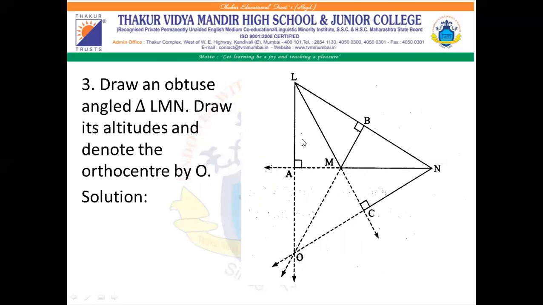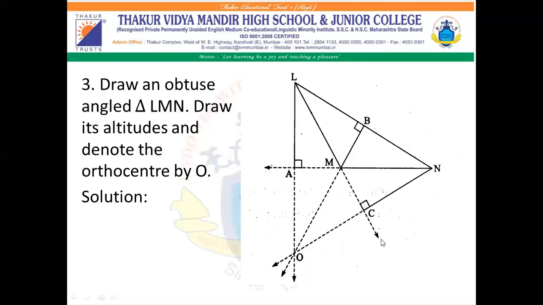From the vertex L, draw perpendicular LA to the opposite side MN. From the vertex N, draw segment NC perpendicular to the opposite side LM.